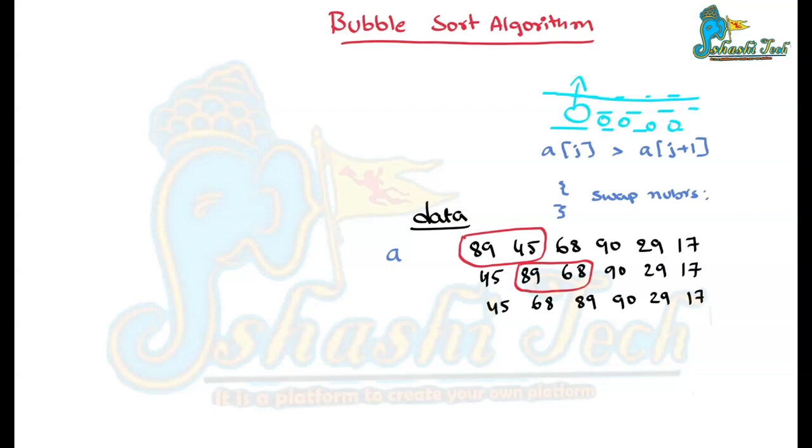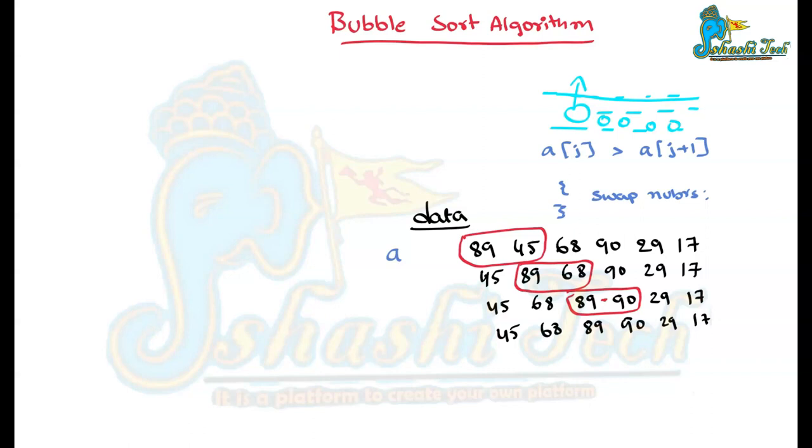Okay. Again apply this condition to the next two adjacent numbers, 89 and 90. You may observe that here 89 is smaller than 90. This condition fails, so you need not swap it. We shall write it as it is. For the remaining elements also, we shall write them as they are. Okay.